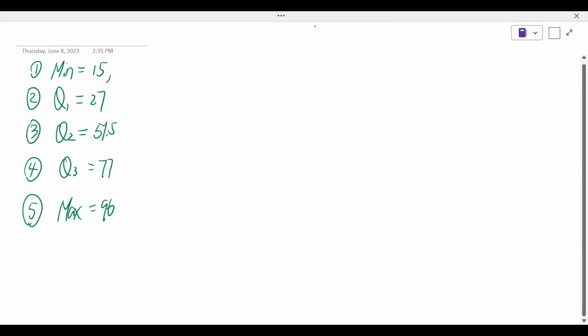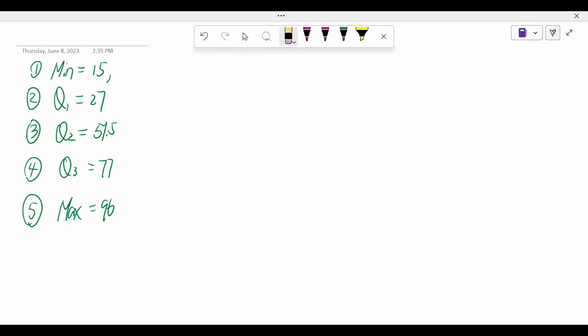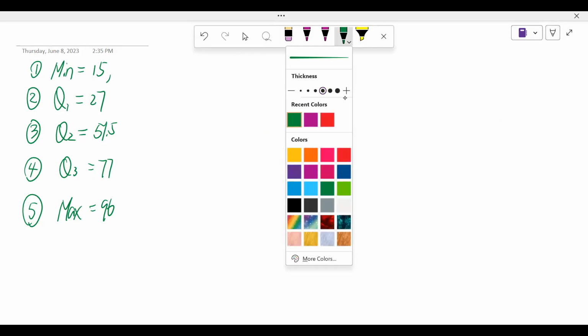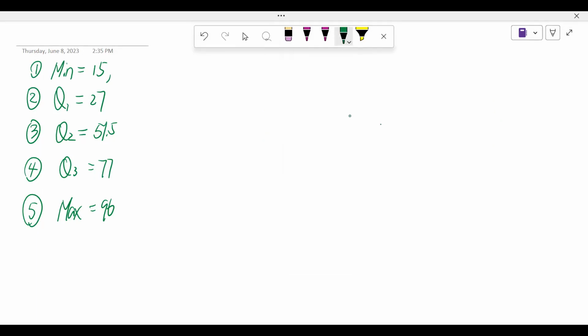So you draw this line represents minimum, and this line here represents the maximum. So minimum here. In between, you're going to draw the dash line. That's the first thing we do.